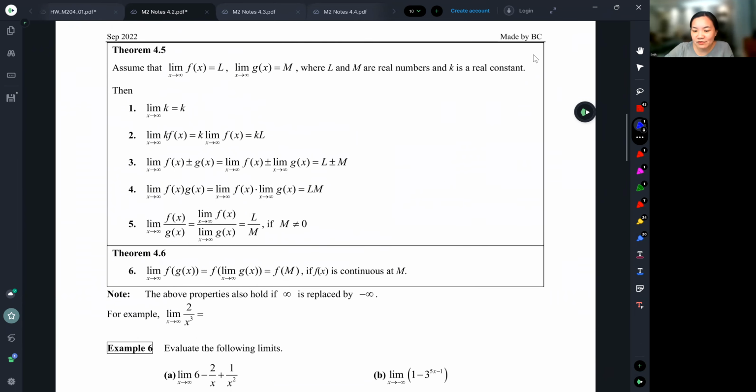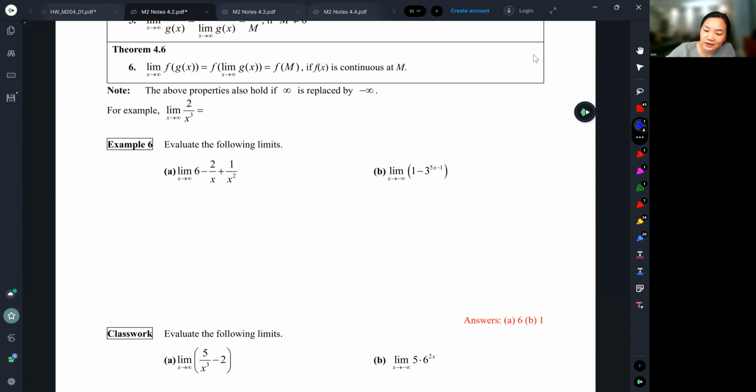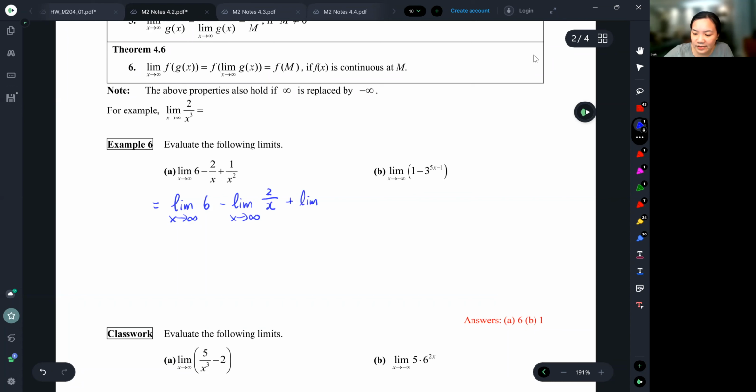Theorem 4.53, the third one, where this is equal to the limit as x tends to infinity of 6 minus the limit as x tends to infinity of 2 over x plus the limit as x tends to infinity of 1 over x squared. Okay, now for the first one, it's a constant, so the limit is itself.